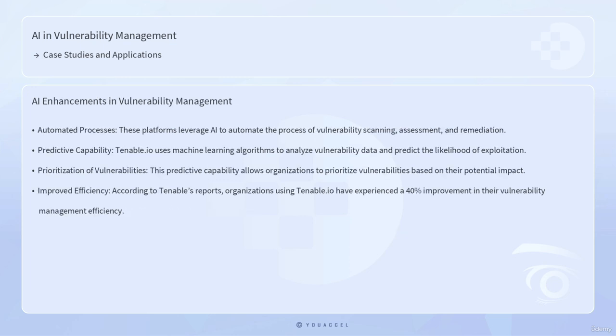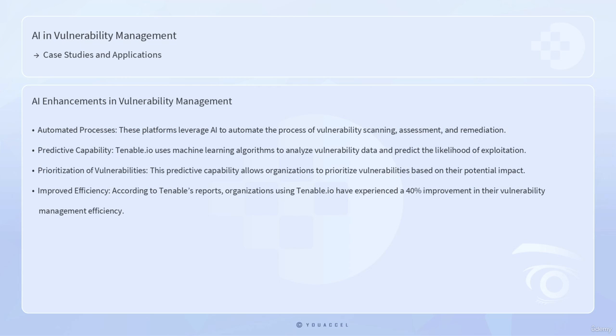In addition to these sector-specific applications, AI is also being used to enhance the capabilities of vulnerability management platforms. These platforms leverage AI to automate the process of vulnerability scanning, assessment, and remediation. For instance, the AI-powered platform developed by Tenable, known as Tenable.io, uses machine learning algorithms to analyze vulnerability data and predict the likelihood of exploitation.